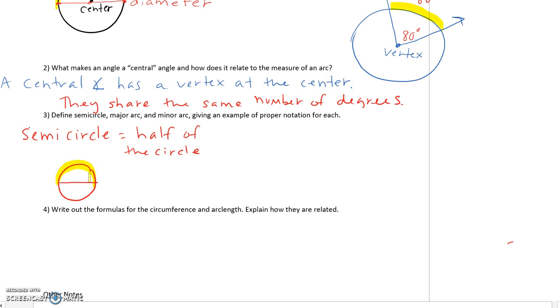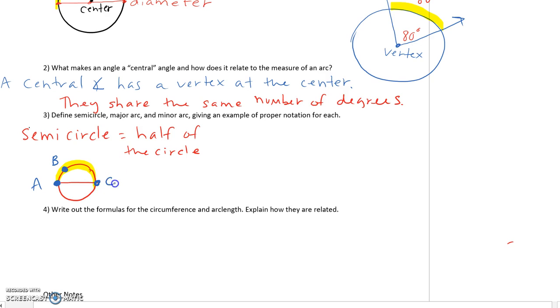That is a semicircle. In order to have notation for a semicircle, you need 3 points. You need its start, its end, and any point to show the direction you're going. I'll put it here. If I wanted to show that I was going around the bottom half of the circle, which is also a semicircle, I would put the point down there.